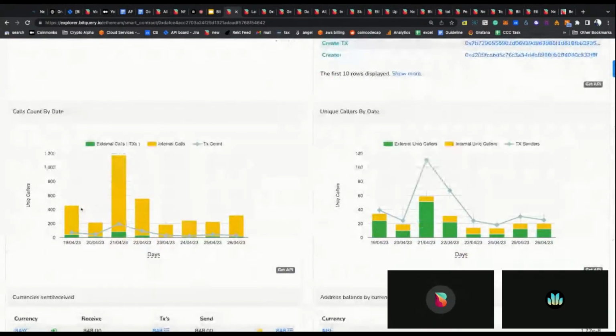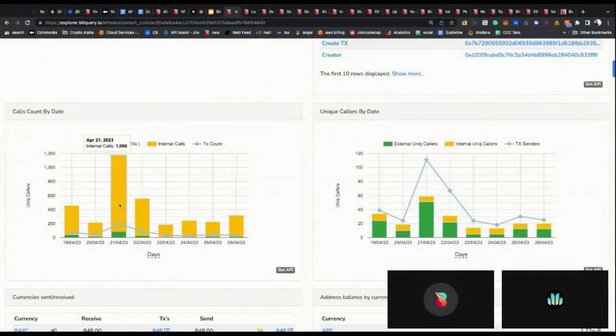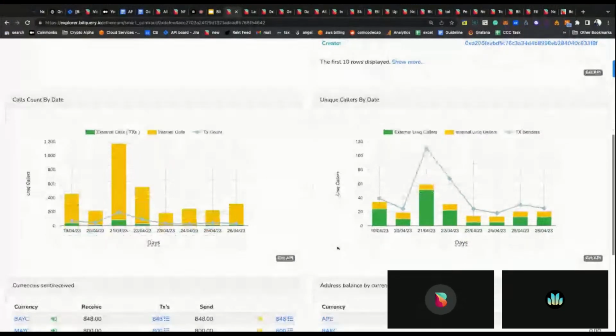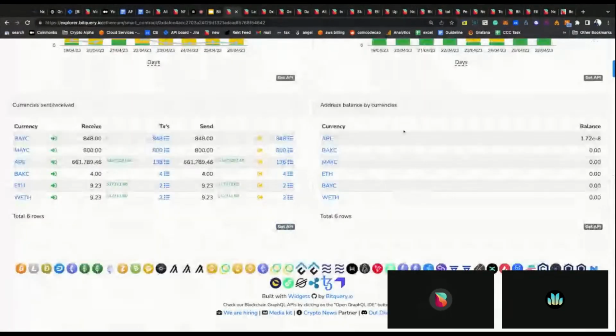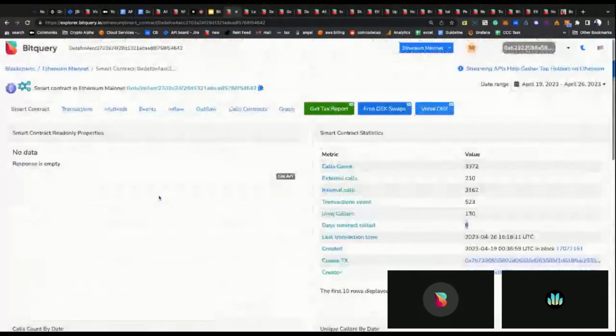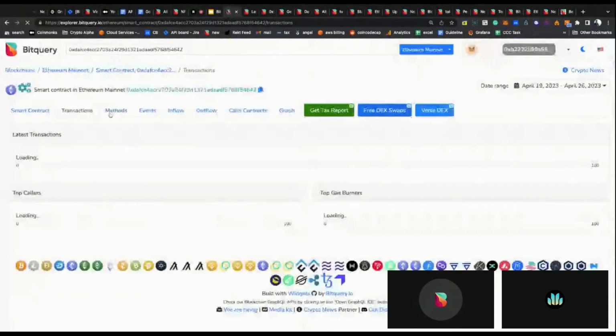You see these metrics, for example, how many calls smart contracts get on a daily basis, how many unique callers there are, internal or external, and of course balance and currency received in and out. One more interesting thing I'll show you.